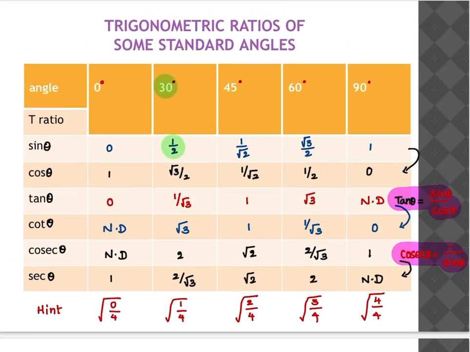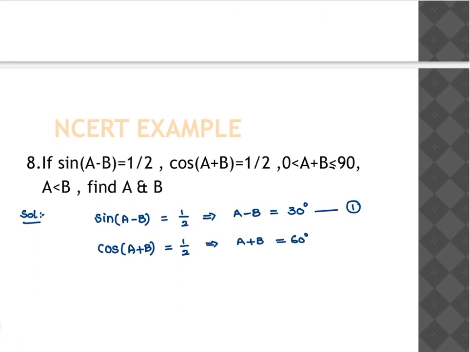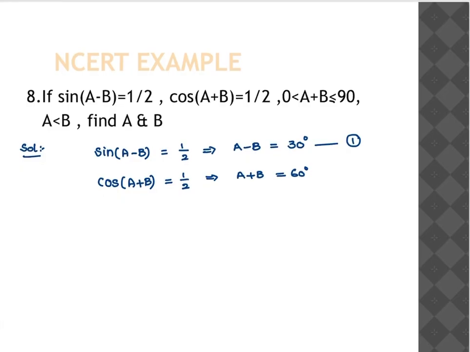Cos of what angle will give us 1 by 2? That 1 by 2 is here, so that angle is 60 degrees. So check the cos table once. Hope you understood how to check the values. So now cos of a plus b is 1 by 2 means a plus b is 60 degrees. This is equation 2.